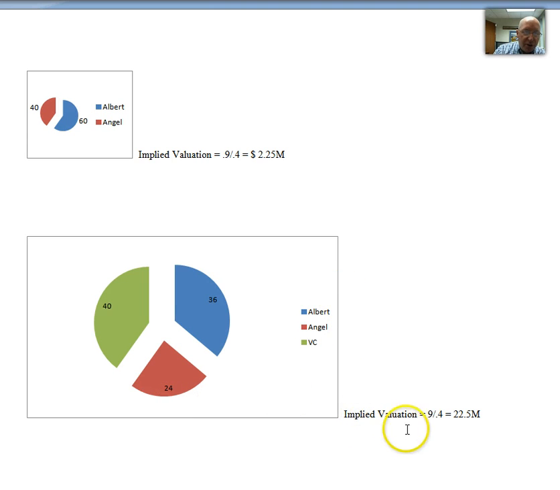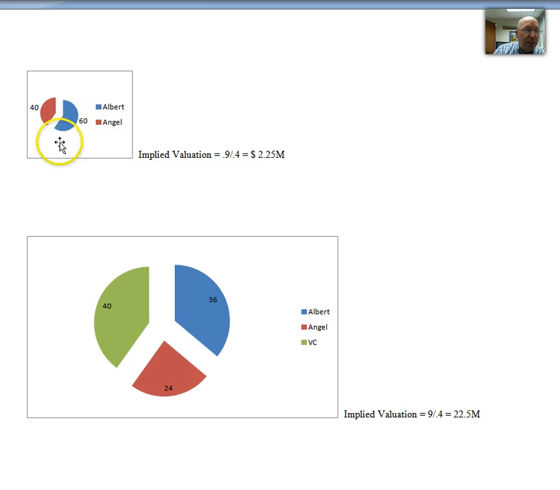Now for the implied valuation, the VC bought this slice of the pie for $9 million. That was a 40% slice of the pie. So take 9 divided by 0.4, and it's $22.5 million. And what I tried to show you is how the pie grows in size. So even though you go, wow, poor Albert, he got stiffed.